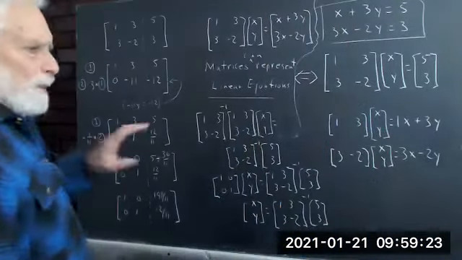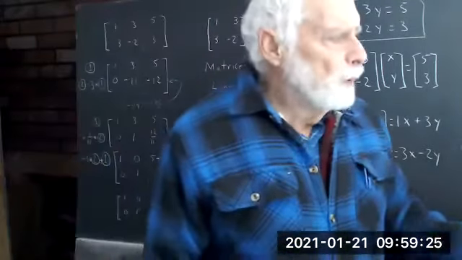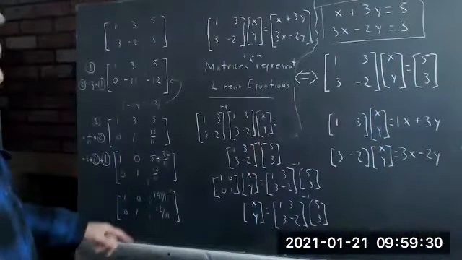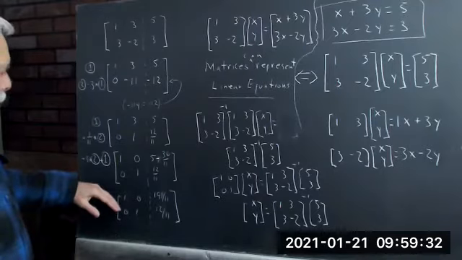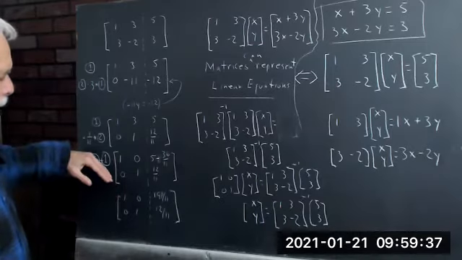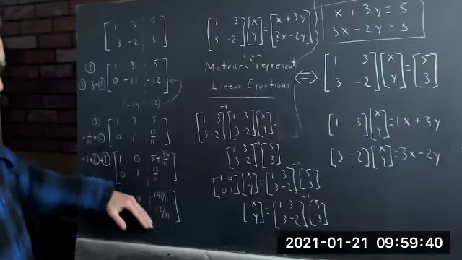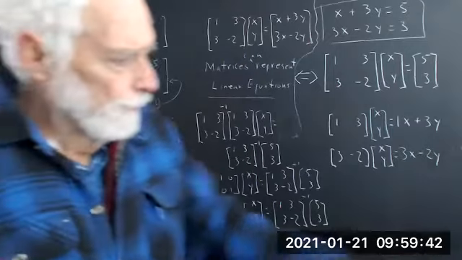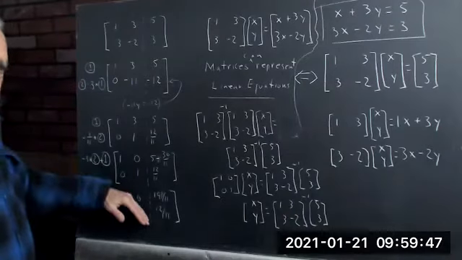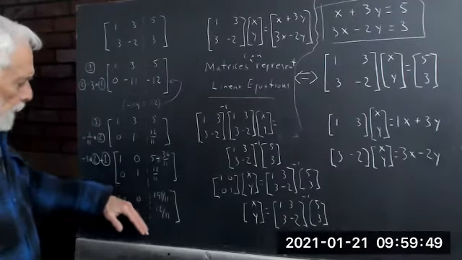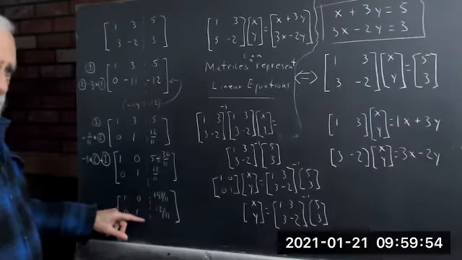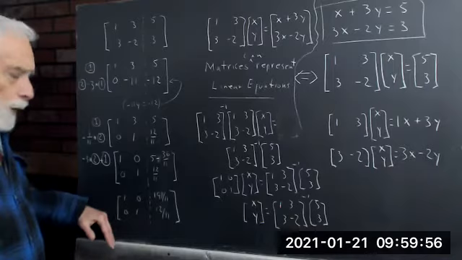Now I'm going to leave it to you to read the book on row echelon and reduced row echelon form. This is reduced row echelon form. What you have, you can look at this. This is called your main diagonal. Switch the screen back so I can see what I'm doing. Okay, so here's your main diagonal, and you have numbers on your main diagonal and nothing below the main diagonal.